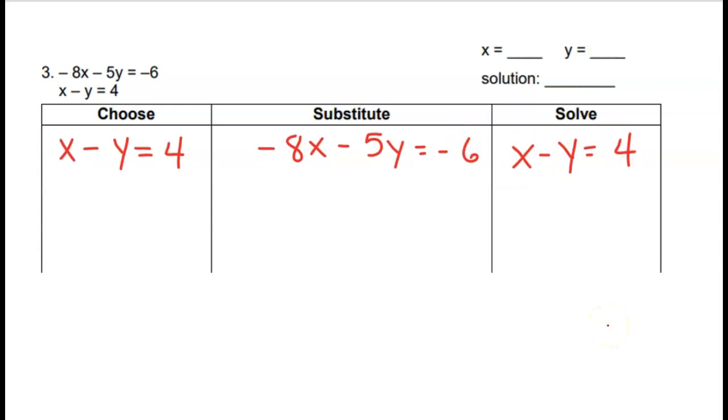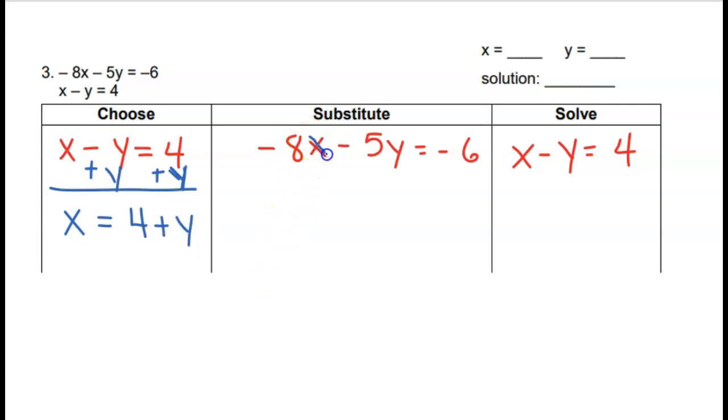Okay, so I'm going to solve this for x. So I'm going to add y to both sides. You could solve it for y, but I'm going to solve it for x because that's easier. And that's going to cancel out, and this is going to be 4 plus y.